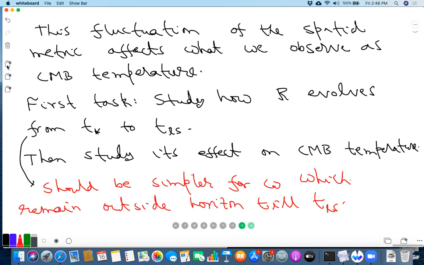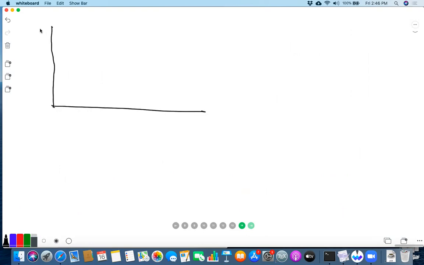So basically what you are saying is that, let me draw the diagram again. If you plot this lambda, inverse H inverse versus T, we had this plot, right? And imagine that this is TLS.